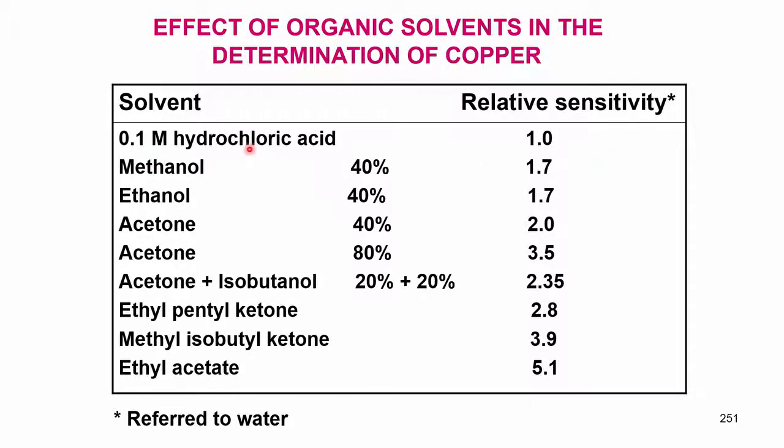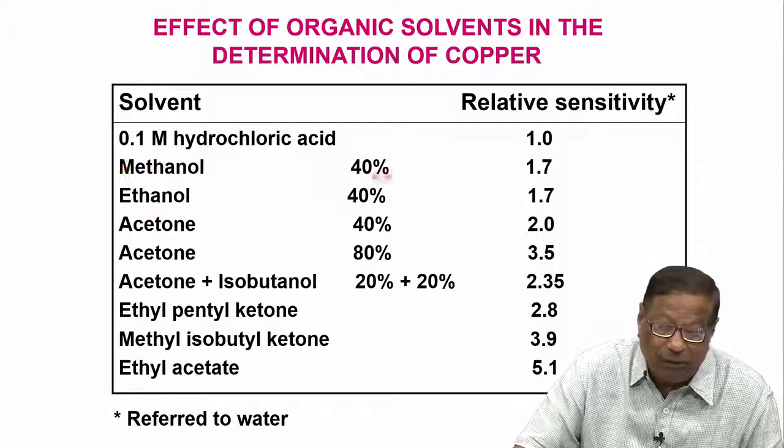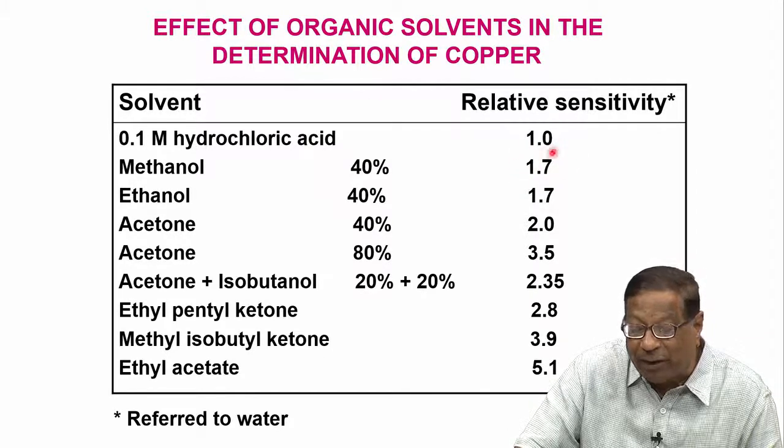Assume that I have dissolved a particular sample in 0.1 molar hydrochloric acid, and the relative sensitivity is 1. Then suppose I dissolve the same thing in 40% methanol, that means 60% hydrochloric acid and 40% methanol. Then the sensitivity, that is absorbance, will be 1.7 times more compared to hydrochloric acid.